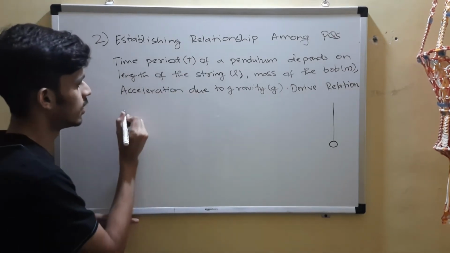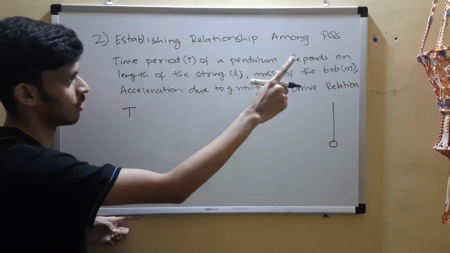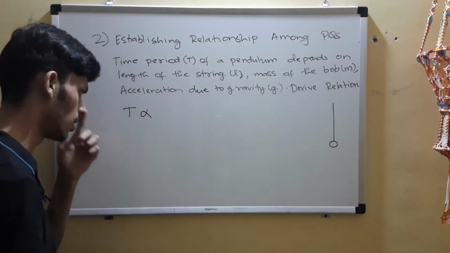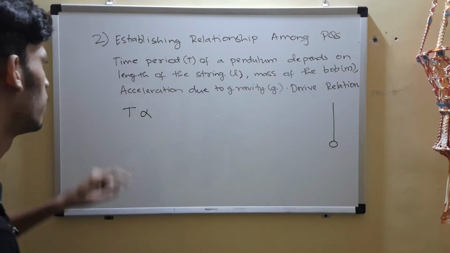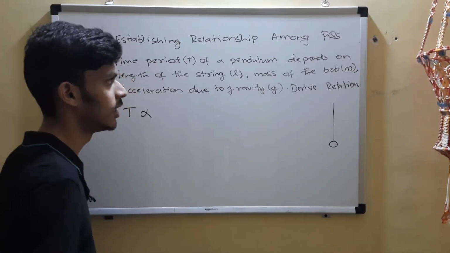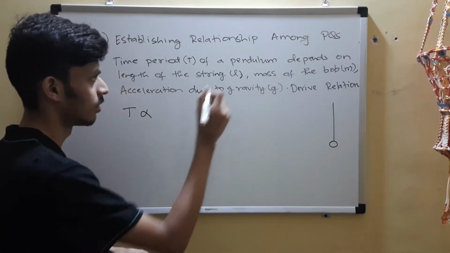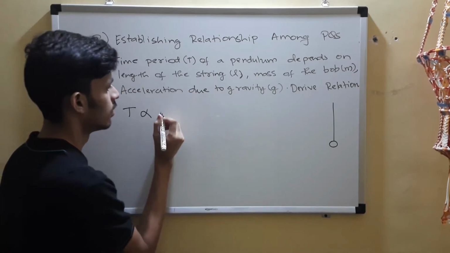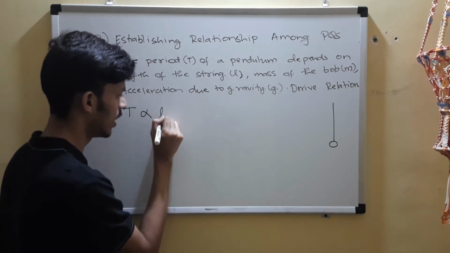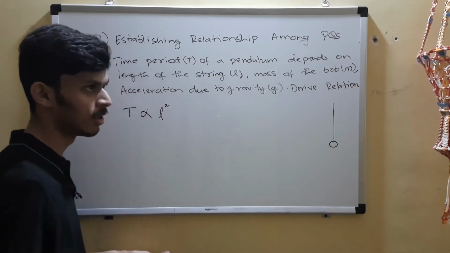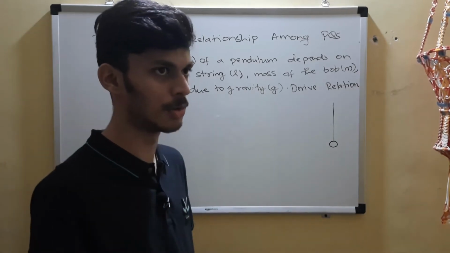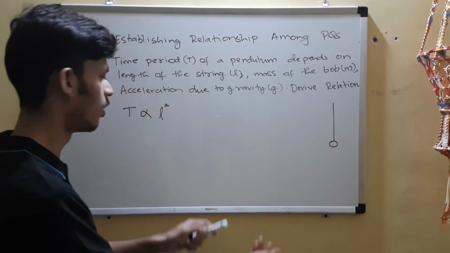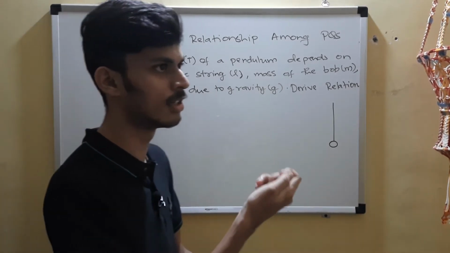They have given us that time period depends on so and so things. So you write time period is proportional to, you might know this sign, a proportionality sign. Then it depends on length, and we don't know the powers, whether it's directly proportional, where increasing the length increases the time period, or decreasing the length decreases it.